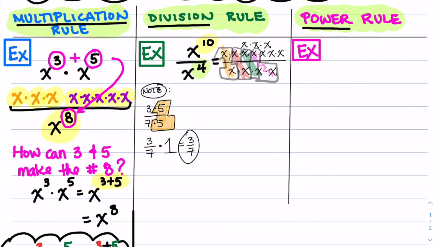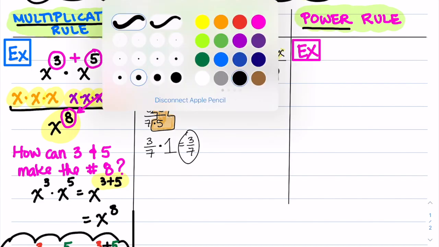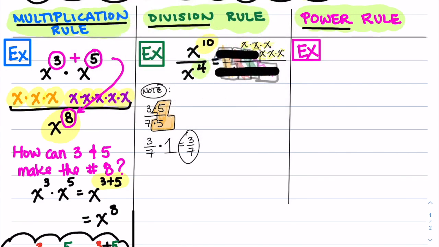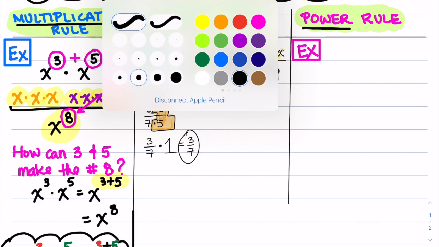So if I look past those ones, I have 1, 2, 3, 4, 5, 6 leftovers, and I have nothing in the bottom. So down here, there's essentially nothing, right? These kind of disappear in a way.